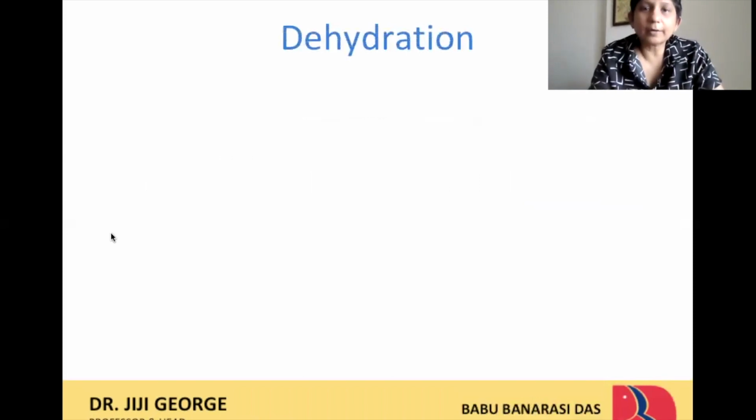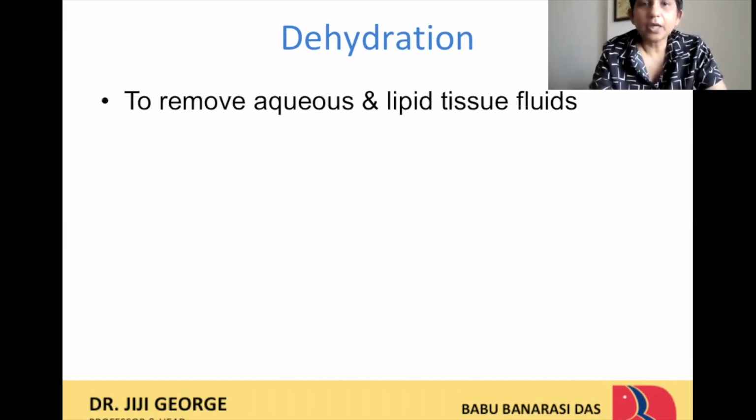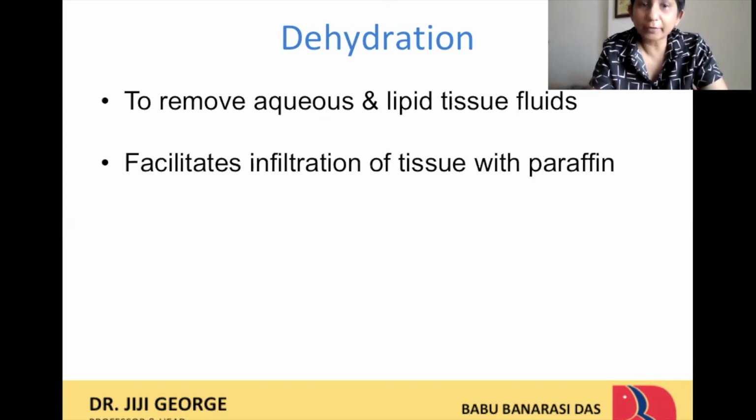Now, the next step that we're going to discuss is dehydration. In dehydration, you remove the water content in the tissue. So that's the whole point of dehydration. As I told you, water and wax are not miscible.